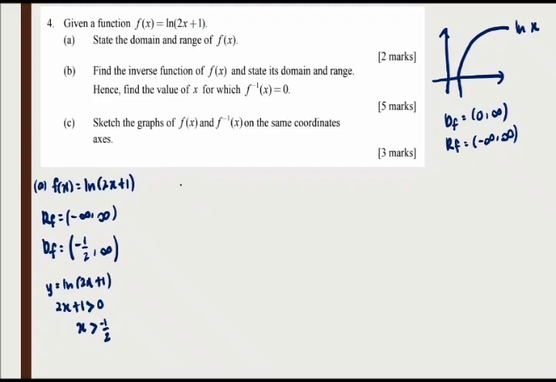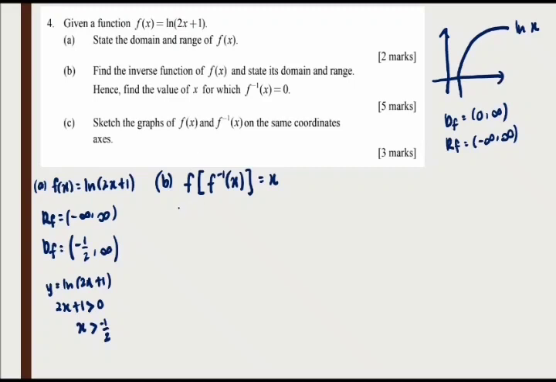Now if you look at the second part of this question, you have to find the inverse of f(x), and then find the domain and range. To get the inverse of f(x), we will use the definition of a composite function, f of f inverse of x equals x.